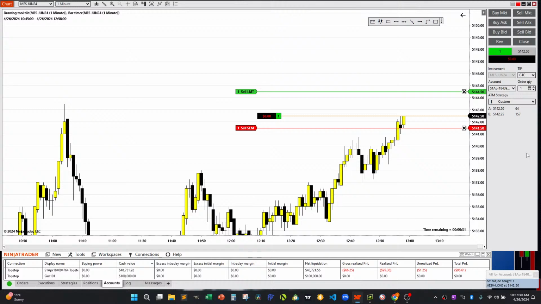Order filled. Right, and stop is right at the bottom of the candle. See if we can get 2 more points.